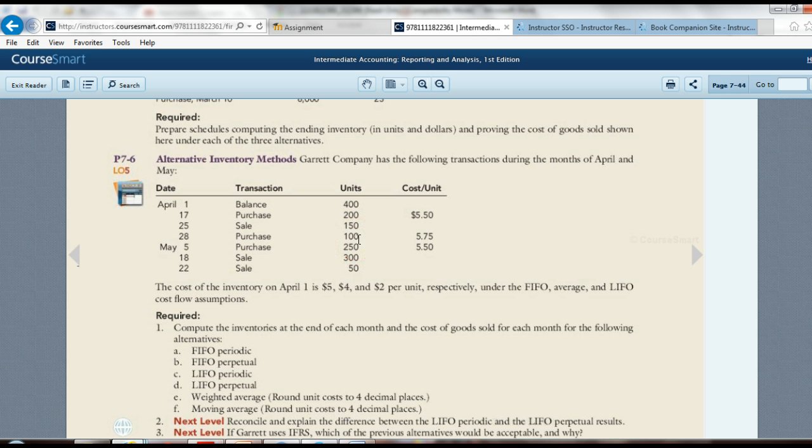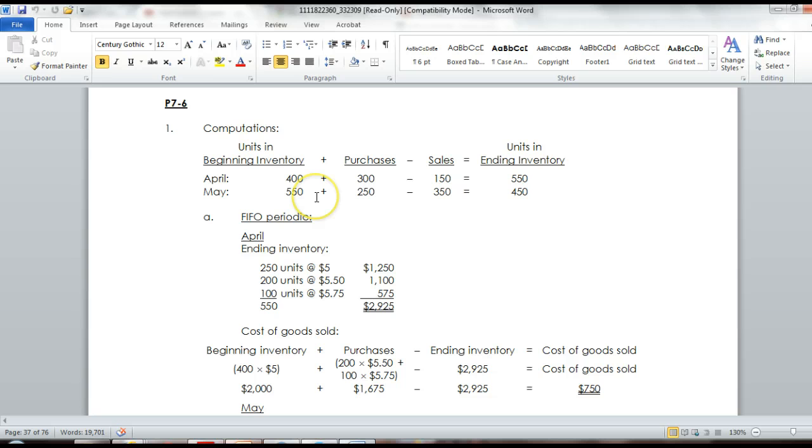So in total, we purchased an additional 300 units in April. So we started with 400 units, we purchased 300 units, and we sold 150 units, which gave us an ending inventory of 550 units.